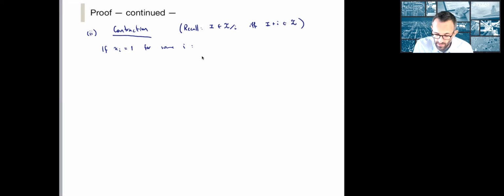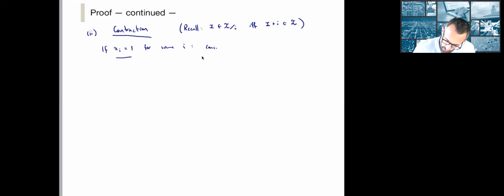And if x_i is equal to 1, if we're hoping to decompose x as a convex combination of common independent sets, then i is going to be an element of every single one of those independent sets in that convex combination. And so this should be our frame of mind if we're thinking about using induction. If x_i is equal to 0, deletion is natural. If x_i is equal to 1, contraction is natural.